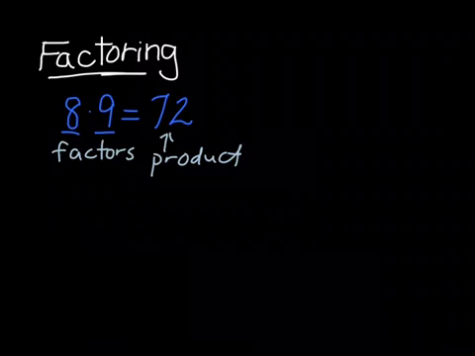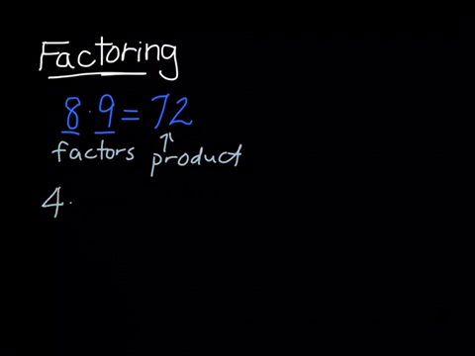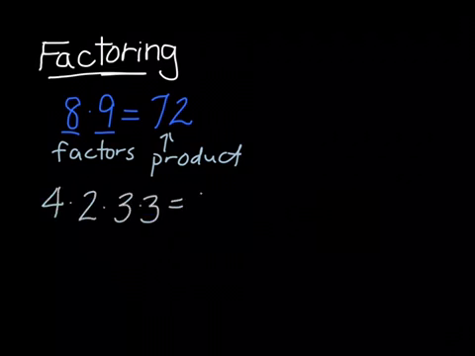And there are many ways of factoring the same number. For example, in our example above, if we took the 8 and the 9 and broke them down into 4 times 2 and 3 times 3, we would still get 72 when we multiply them all together.